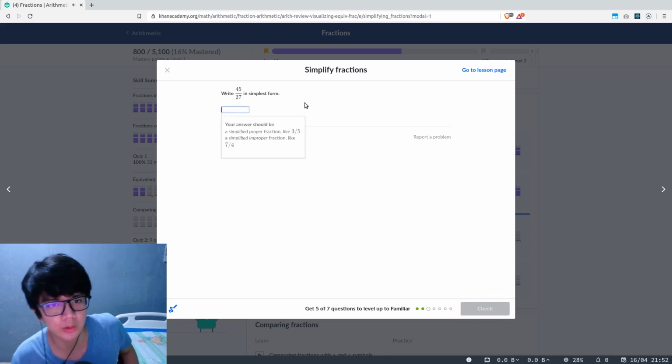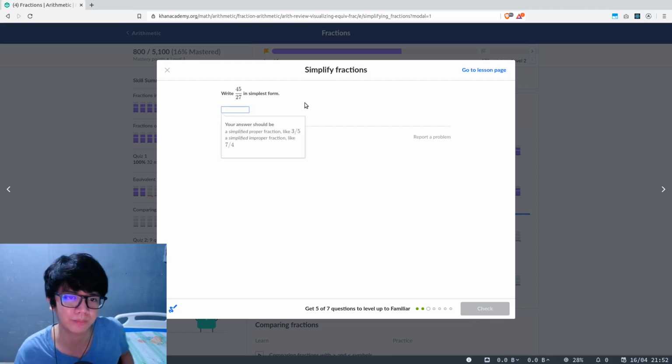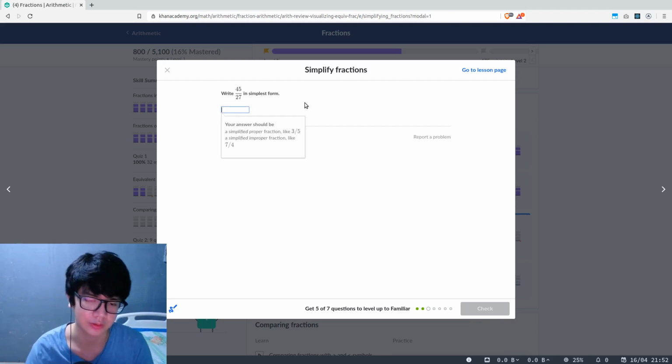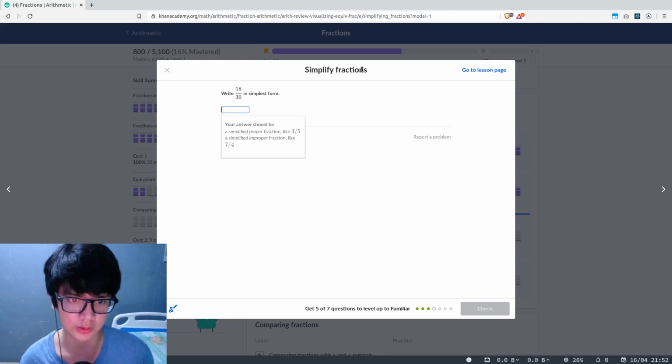Right, 45 and 27. 45, 27 in simplest form. Okay, this is in 9. So 5 and 3. Did I simplify that? No, not anymore. Okay, this is definitely in thirds. So 30 is going to be 10. God, I'm kind of confused. Oh, we divide by 6.